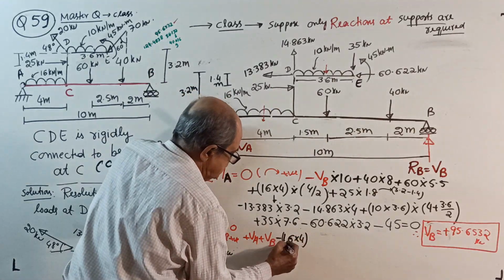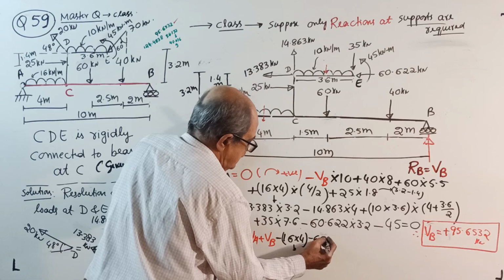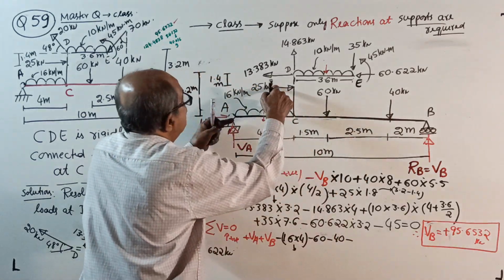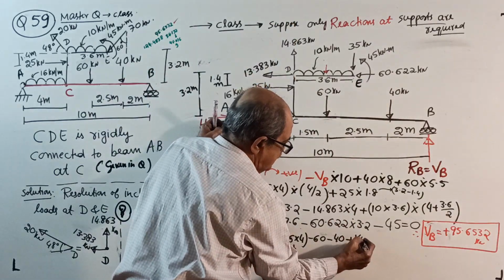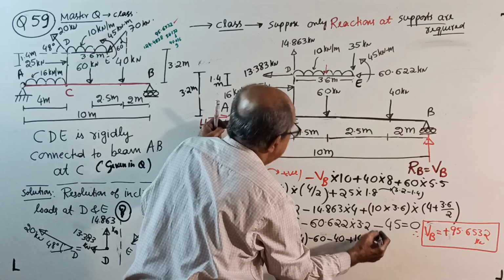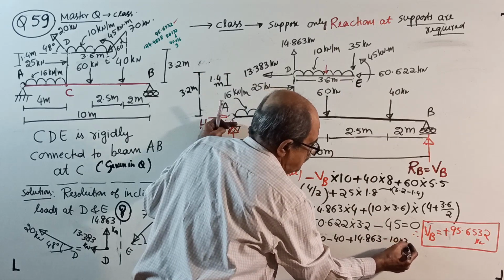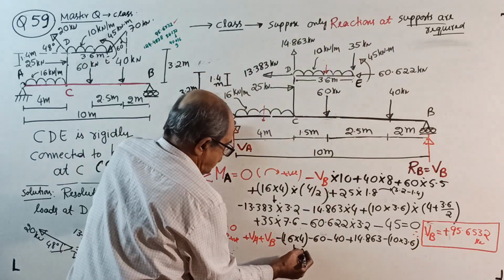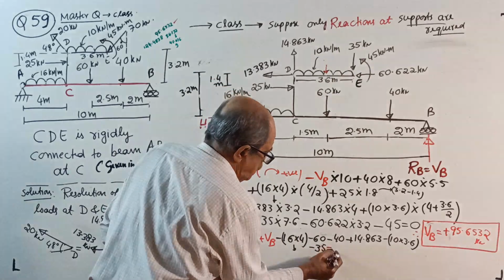Minus 60, minus 40. These are not there. Plus 14.863. Minus 10 into 3.6 is the total load. Minus 35 equal to 0.